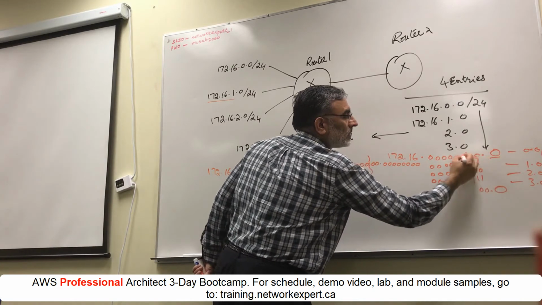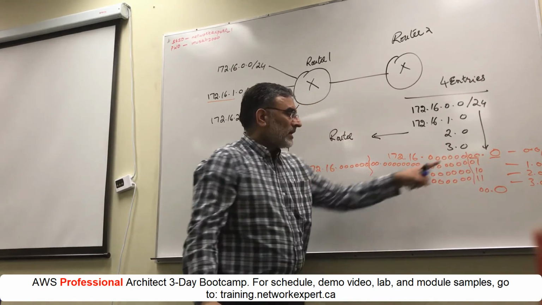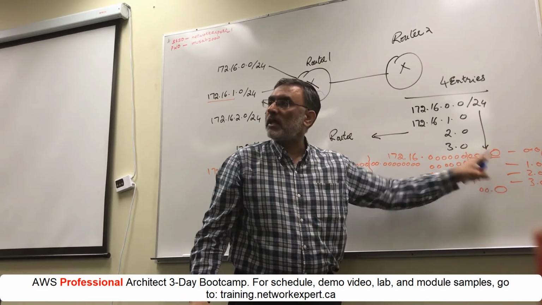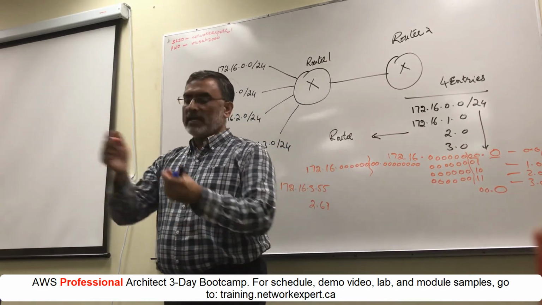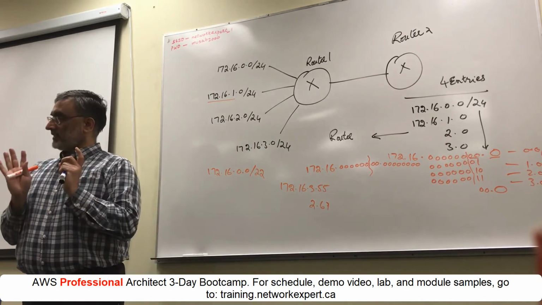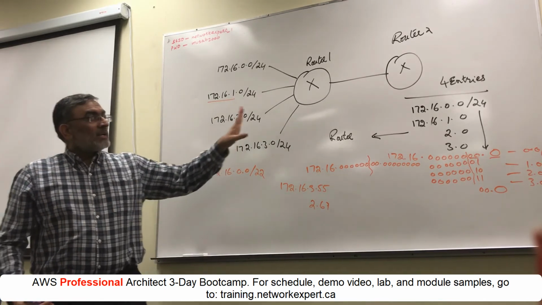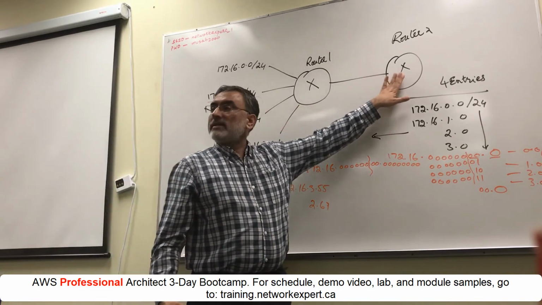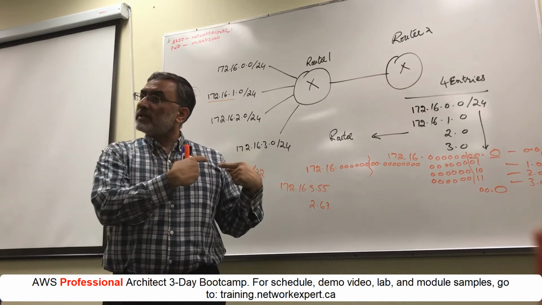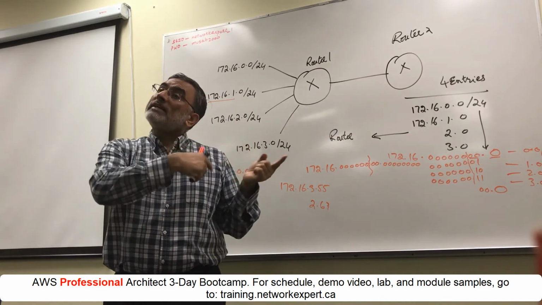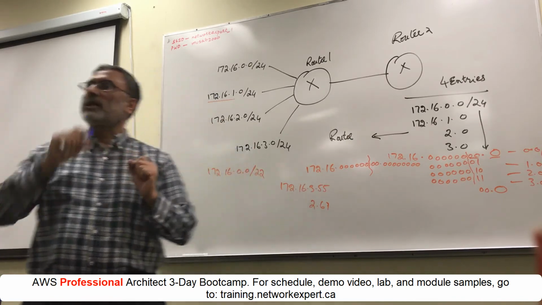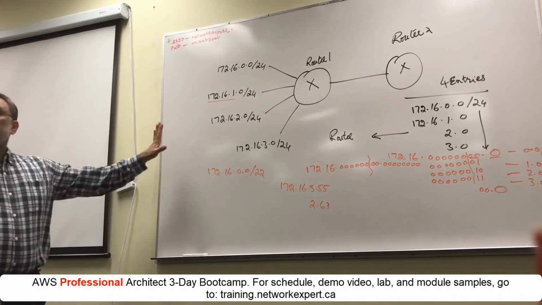Basically, after 22 bits, the last 2 bits in the third octet and all 8 bits in the last octet, whatever variable is there, I'm telling the router to send it to me. I can manage it. So rather than having 4 entries, the routing table of router 2 will have 1 entry, and this is route summarization, or supernetting. You squeeze networks into one network.